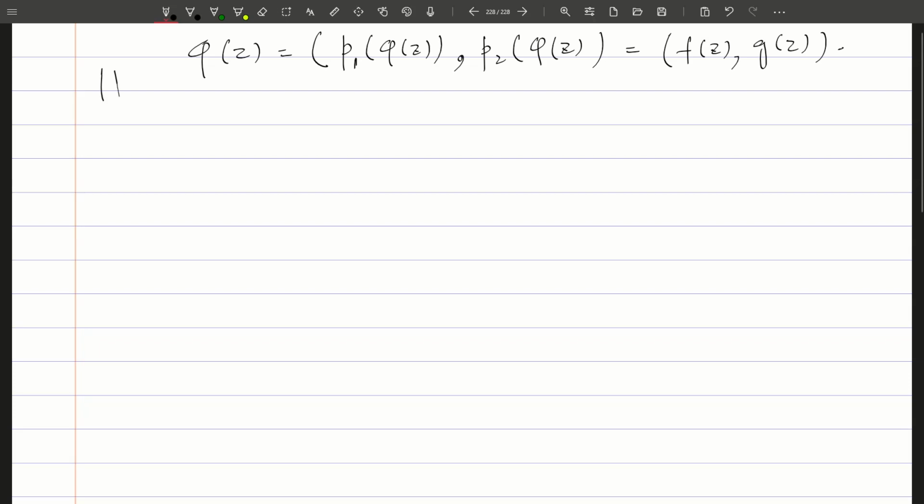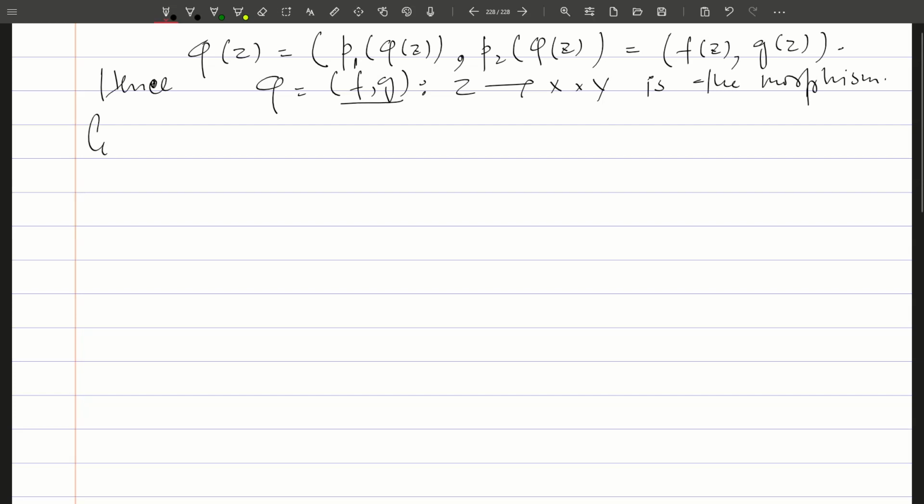So hence this phi is precisely the map (f, g), where f and g are morphisms from Z to X and Z to Y respectively. I mean, this phi is precisely this map.